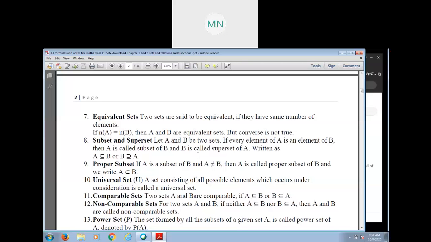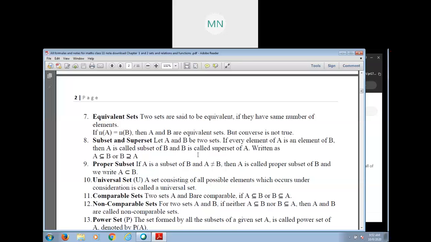So phi and that particular set are called improper subsets of A. If you consider a set A, then phi and A are always subsets of A, so we can say that phi and A are improper.